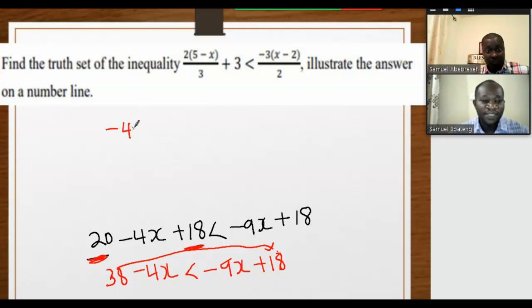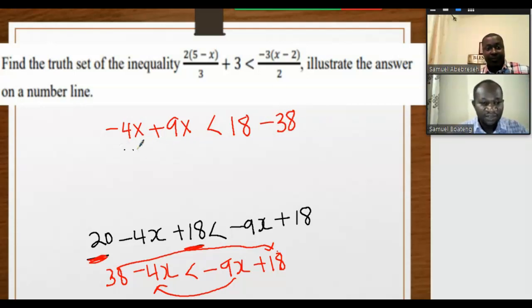So minus 4x, plus, yes, we are sending 9x to the left-hand side, less than 18 minus 38. For the next step, minus 4x plus 9x will give you 5x, less than minus 20.